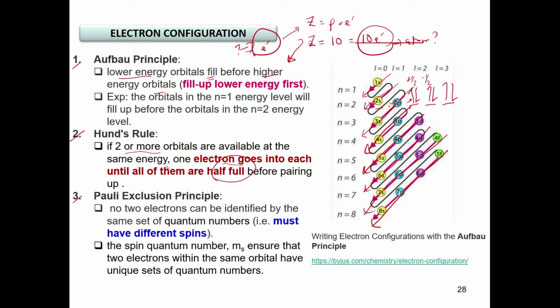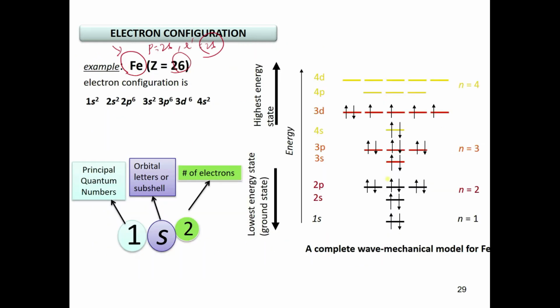Some energy levels, for example 4s, have lower energy compared to 3d. By using this method of arrangement, you will know which energy level you need to fill up first. So, back to the iron with 26 electrons.